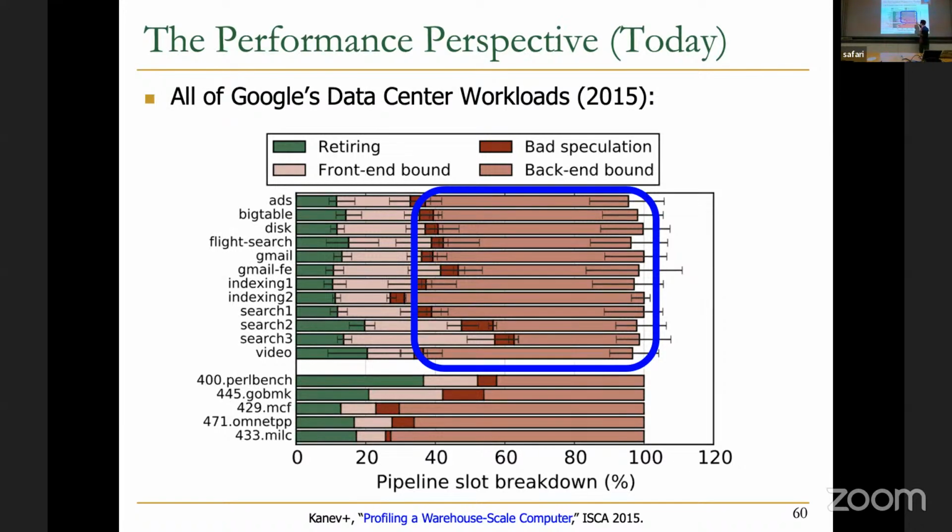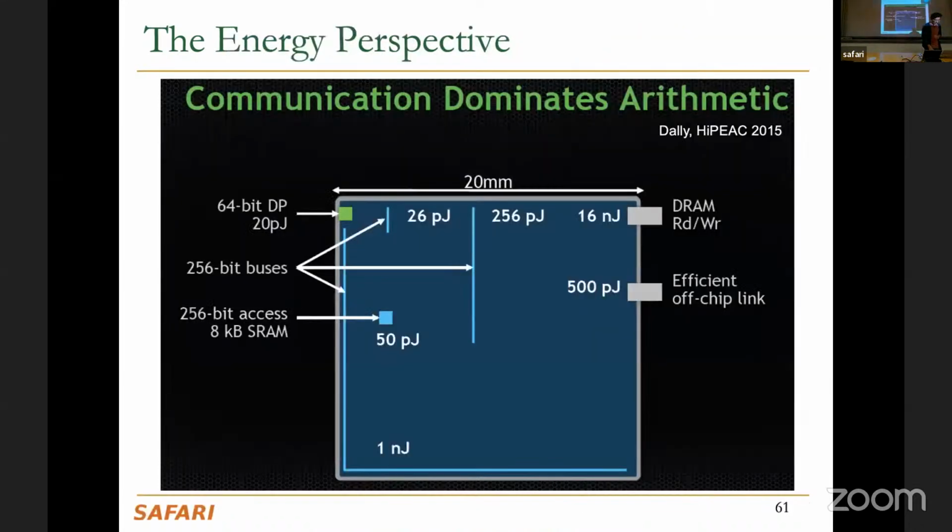And most of the time is spent in this backend bound section. Backend bound might be related to execution units, but in most cases, these backend bound cycles are being spent on accessing data, either from caches or from the external memory. So as you see, the problem is not better these days, it might be even worse.